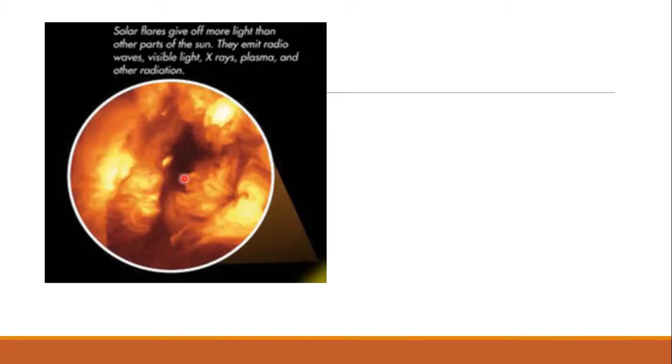Now, you see here this picture, this is the sun. Solar flares, I told you, are like the volcano on the earth. Solar flares give off more light than other parts of the sun. Now, they send radio waves, visible light, X-ray, plasma, and other radiation.